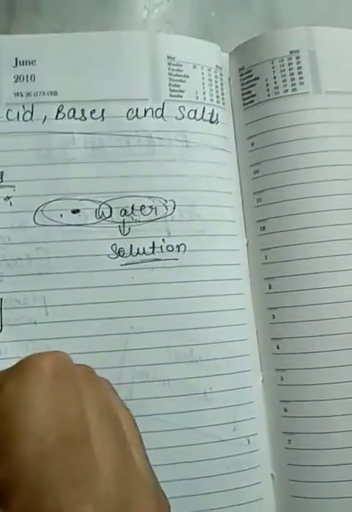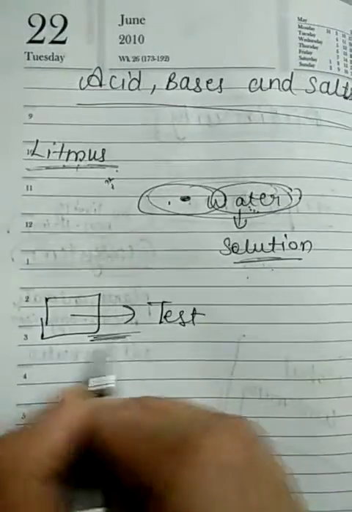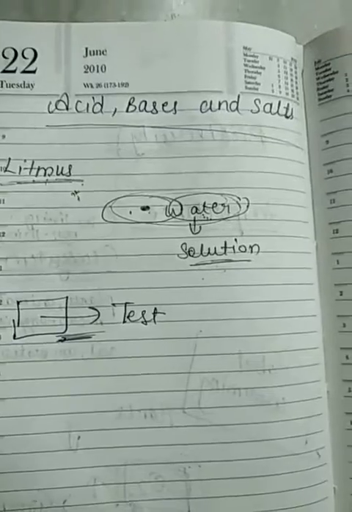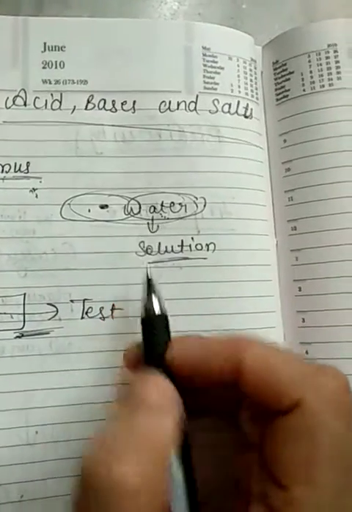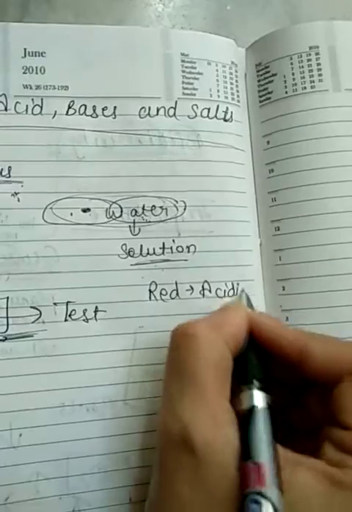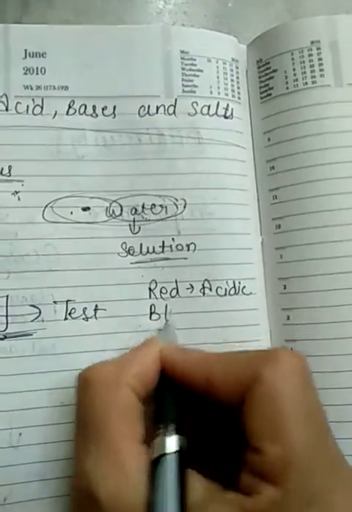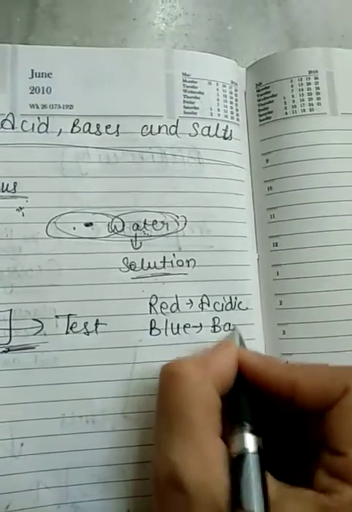Let's say you have another solution under test and you want to know whether it is acid or base. If you put litmus in this solution and it becomes red, that means it is acidic in nature, and if it turns blue, that means the solution under test is basic in nature.